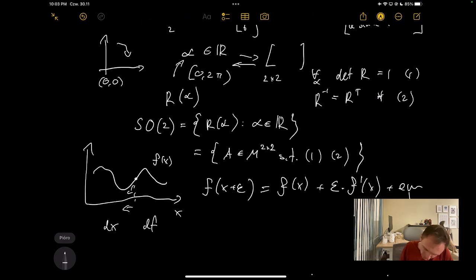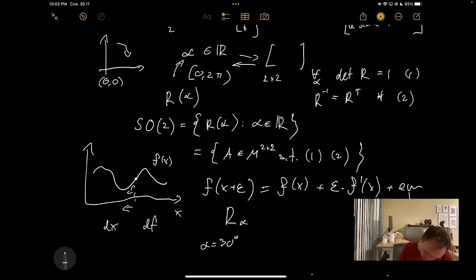I can have a rotation R represented by a matrix. Let's say I have R of alpha, and maybe alpha is 30 degrees.